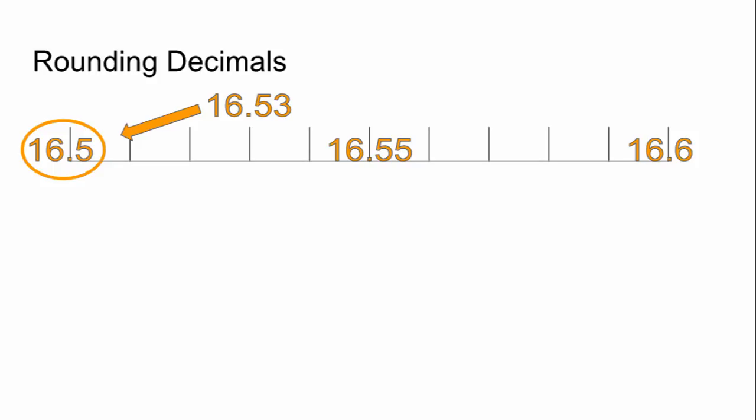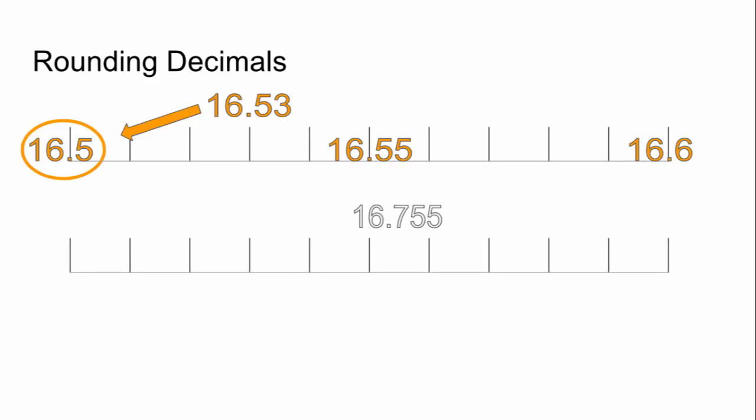Let's look at our second number, which was 16 and 755 thousandths. We're going to do the same thing again. We're going to put down a number line. And on the left side, we're going to put the lower tenth that we can round to, which would be 16 and 7 tenths. And on the right side, we're going to put the higher number we could round to, which would be 16 and 8 tenths.